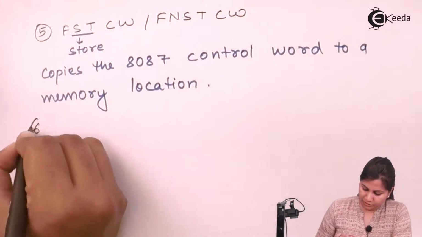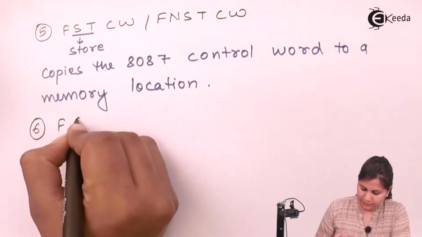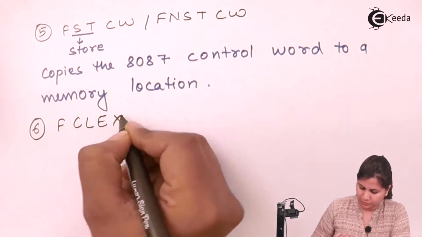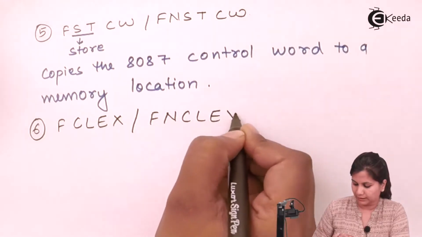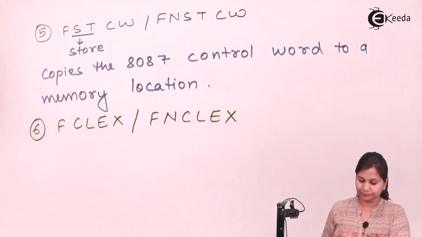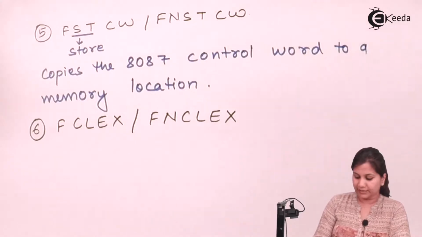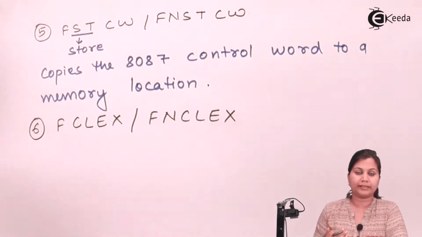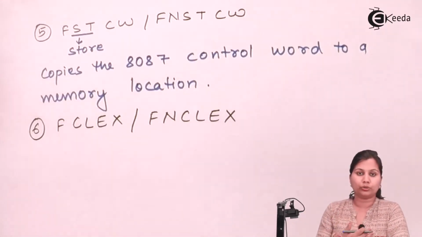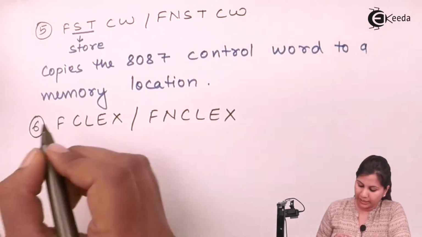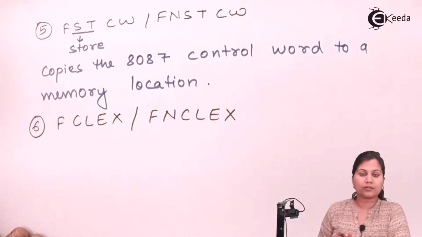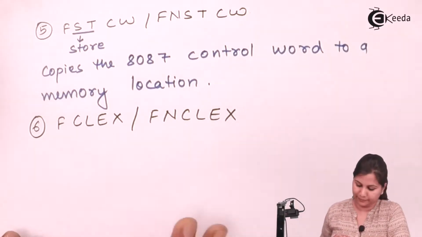The next instruction is FCLEX or FNCLEX. As I have said, this instruction is written preceding the FLDCW instruction, and it clears all the exception flags.